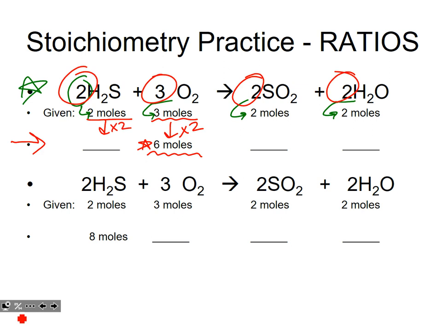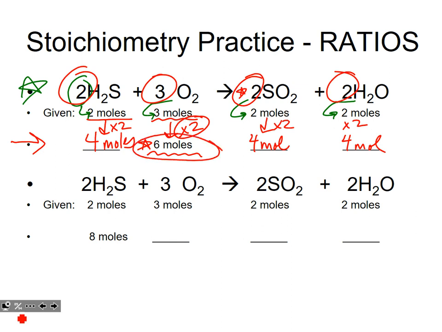So instead of 2 moles of H2S, I must be starting with 4 moles of H2S. And same idea, what did I do here? Well, I doubled this. That means I'm going to have to double this coefficient to get 4 moles of SO2, and then same thing here, times 2, so 4 moles of H2O. So this is sort of the key. If I'm starting with a different amount, I have to keep the proportions of the coefficients intact. So I'm going to apply the same change to everything else.